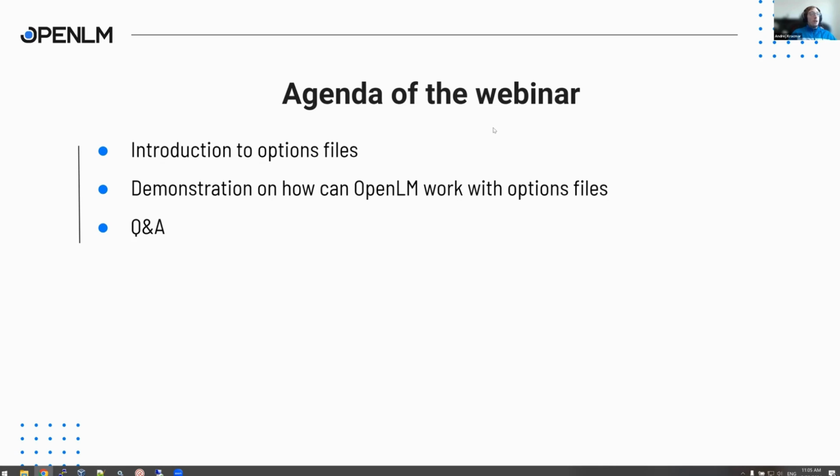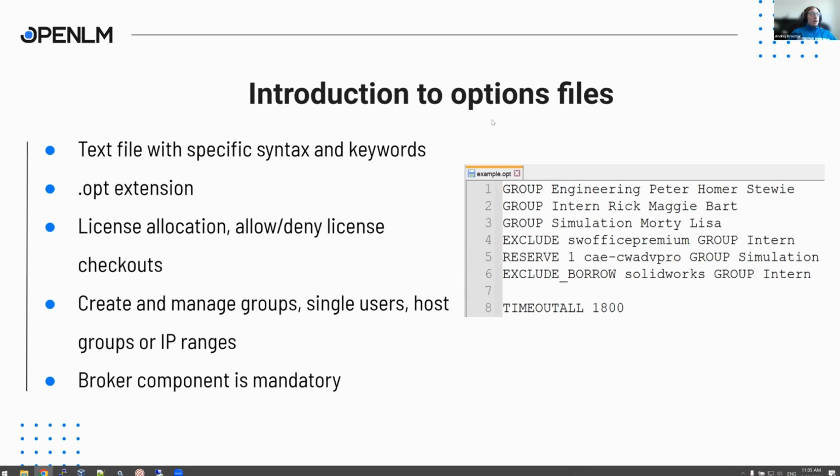So, to start with, introduction to option files. What actually is the option file? In its very basic and true nature, the option file is nothing else than just a simple text file with its specific syntax and keywords used in the option file. It has the .opt extension.